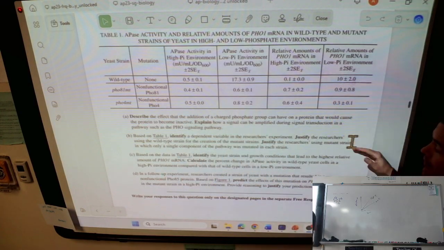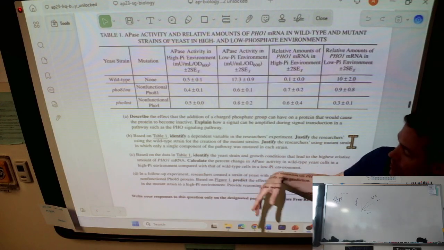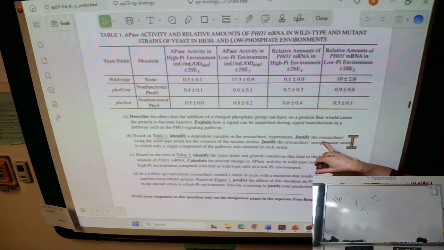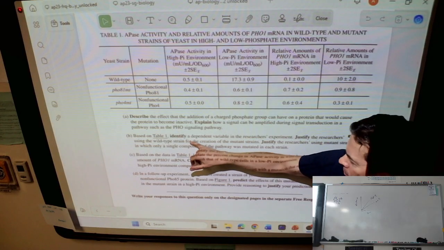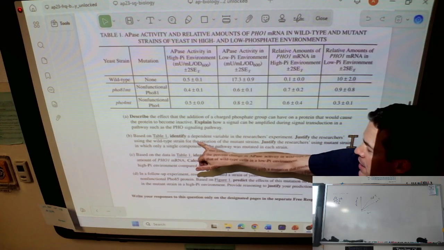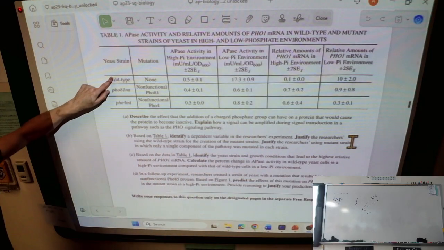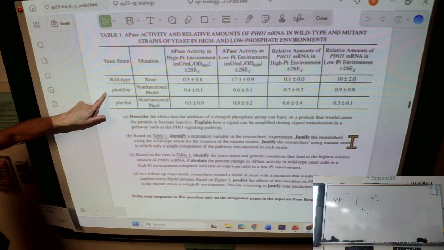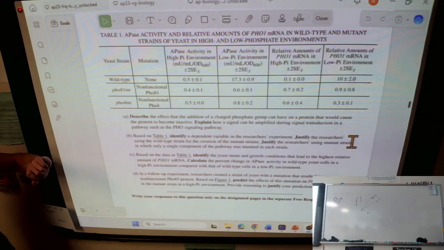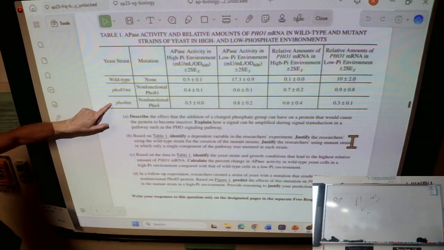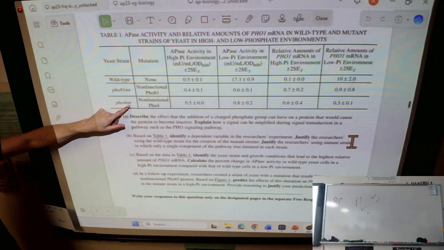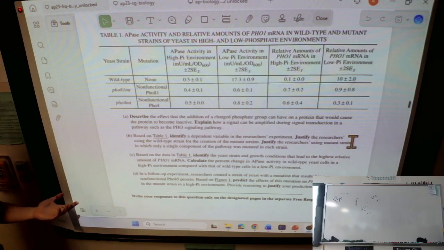Why use the wild type strain to create the mutant strains? Now there's only one difference: the only difference between wild type and this is mutant FO81, or between wild type and that is mutant FO4. So it's a point of comparison.